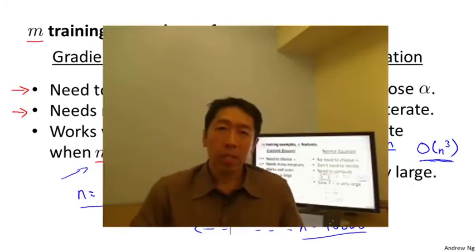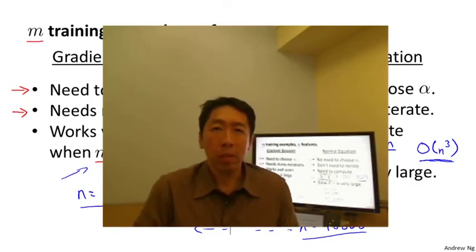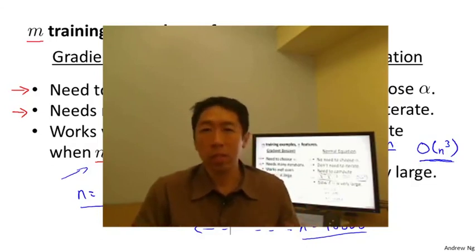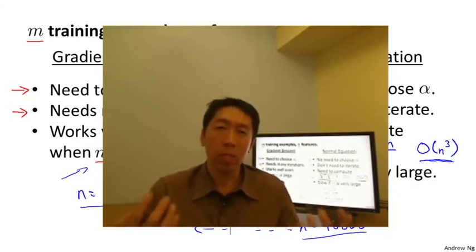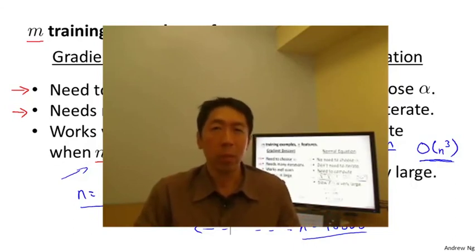To preview some ideas that we'll talk about later in this course, as we get to the more complex learning algorithms, for example, classification algorithms like logistic regression, we'll see that the normal equation method actually does not work for those more sophisticated learning algorithms, and we will have to resort to gradient descent for those algorithms.